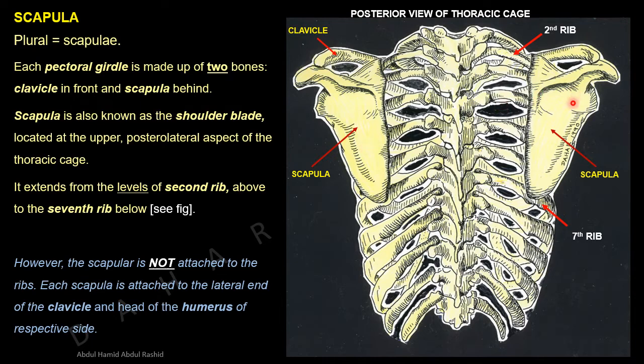Scapula is also known as shoulder blade. Each is located at the upper posterolateral aspect of the thoracic cage. It extends from the level of the second rib above to the seventh rib below.